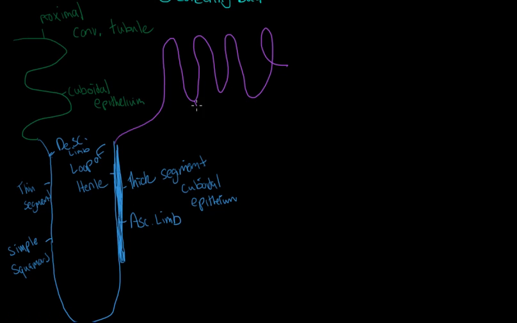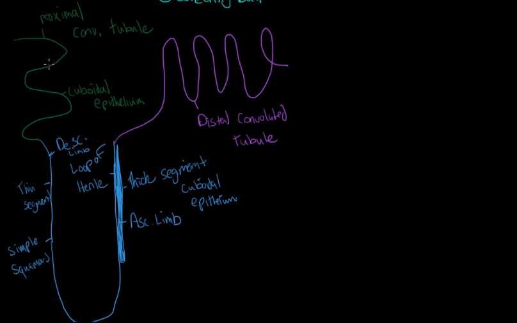Distal convoluted tubule, and we're going to have simple cuboidal epithelium here as well. And here we're going to find some more resorption and secretion, but less than what we found here in the proximal convoluted tubule.